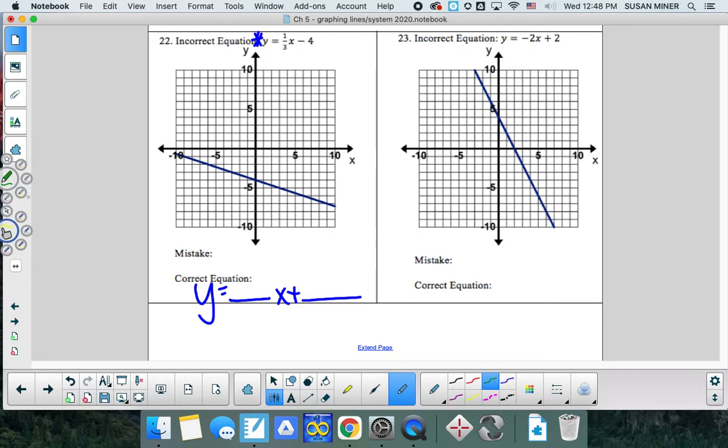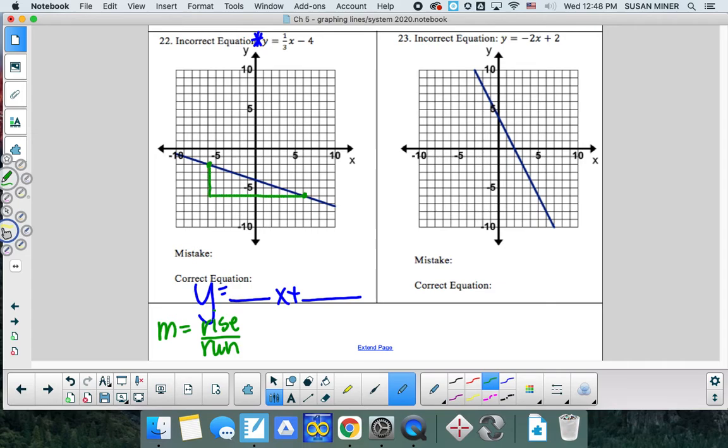Okay, so what we need to do in order to be able to write the equation is we need to come up with a slope. And remember, the slope is the rise divided by the run. And so I need to pick 2 good points on my graph and draw in my step.